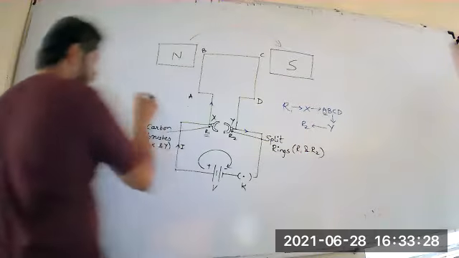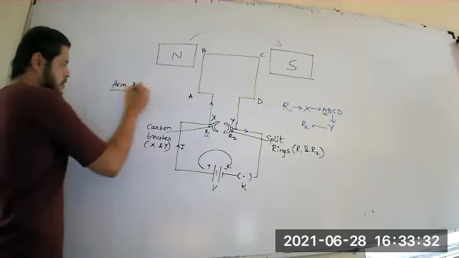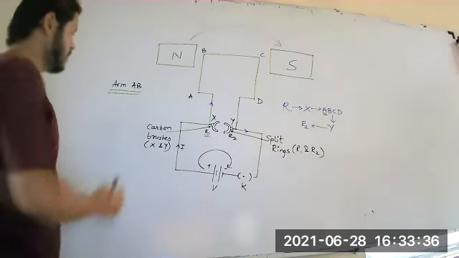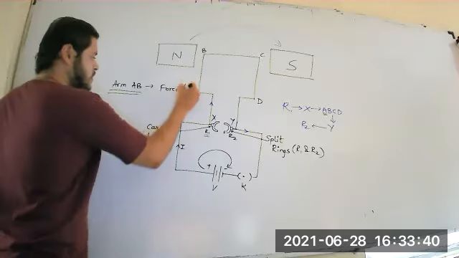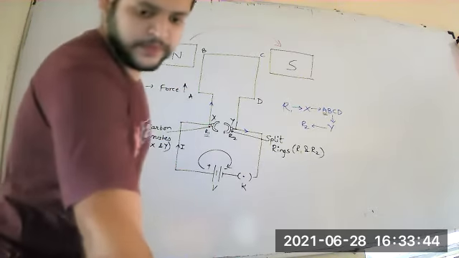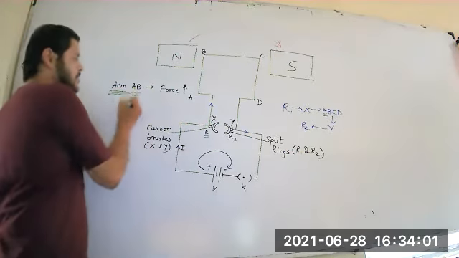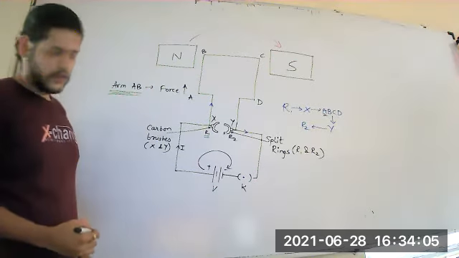So in the arm AB, force will be generated in the upward direction.